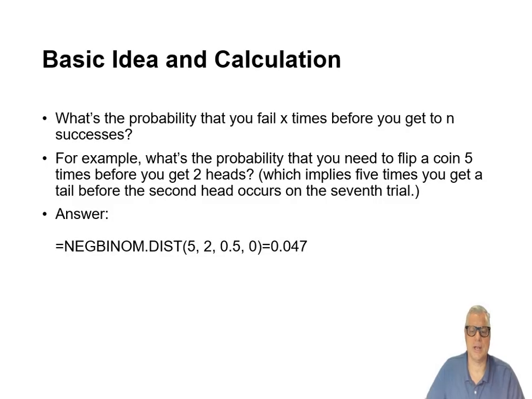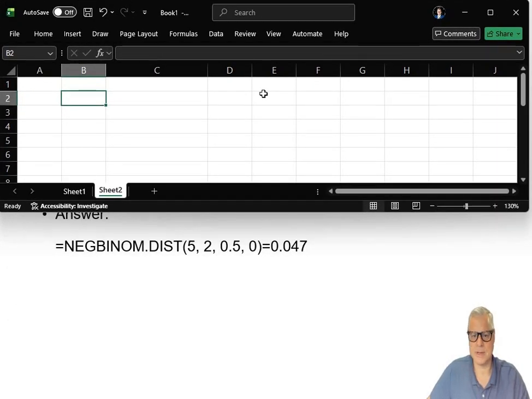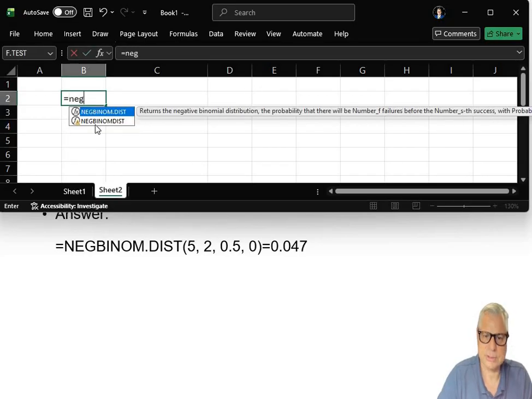That's just another example. What's the probability that you fail x times before you get to n successes? That's the general form. For example, what's the probability that you need to flip a coin 5 times before you get 2 heads? We just use our formula, the negative binomial distribution, we don't have to do it manually anymore. We did it once, it's enough.